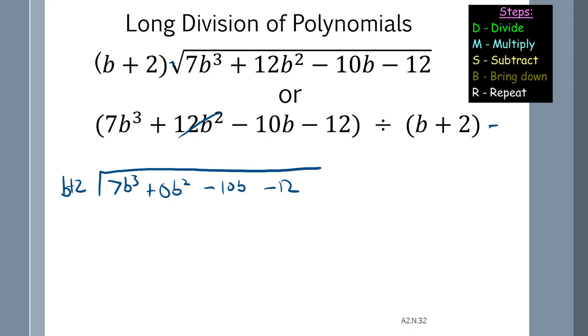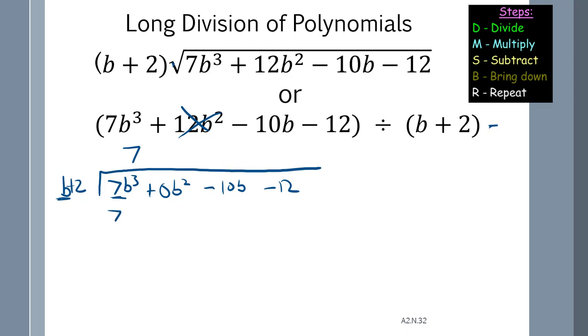And I'll show you what we mean here. So in this case, let's do this problem with a 0b squared. Let's act like the plus 12b squared went away. Again, we look at the front values. So we have 1b. How many times does it go into the 7b cubed? Well, we're going to have a 7, because 1 times 7 gives us 7.